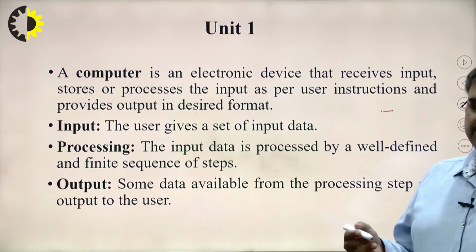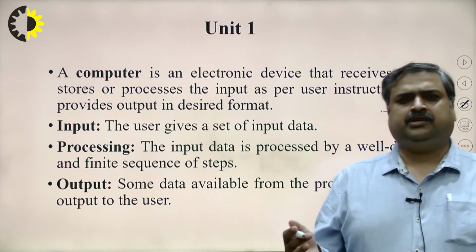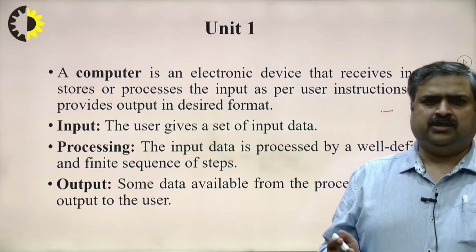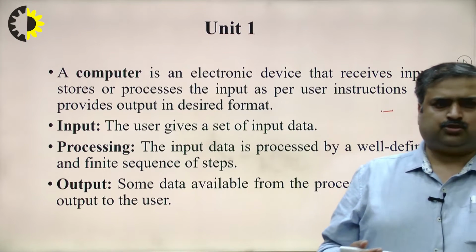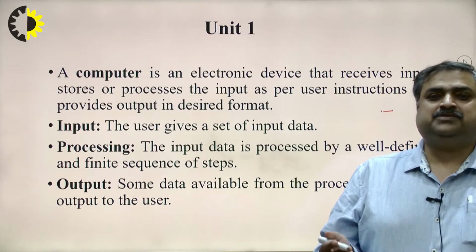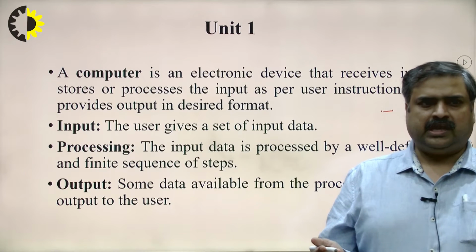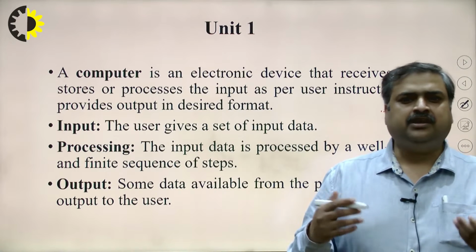In the beginning we start with the computer. A computer is basically an electronic device which receives input from the user, stores and processes that input as per the given instructions, and provides the desired output in the desired format.